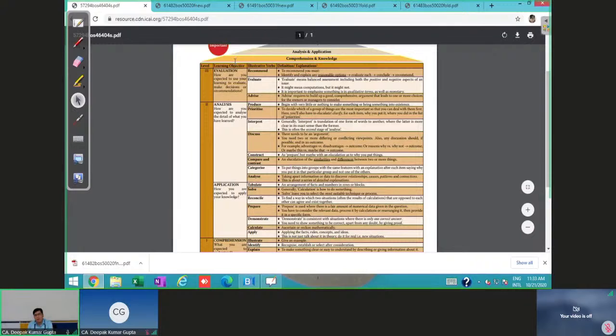Now we move on to level 2. In level 2, we cover verbs like apply, calculate, prepare, reconcile, solve, analyze, categorize, interpret, discuss, produce.